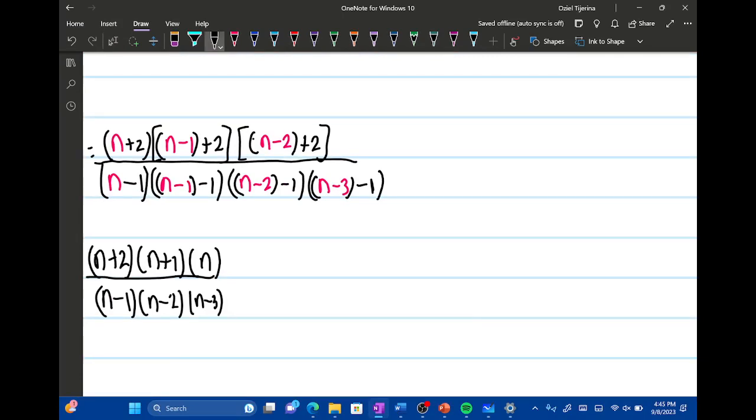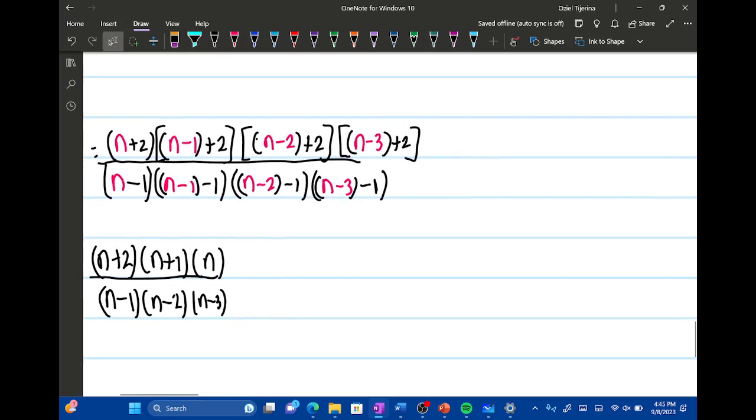On the numerator, if we keep going, it's going to be times n minus 3 plus 2. This is just to show what I'm talking about.